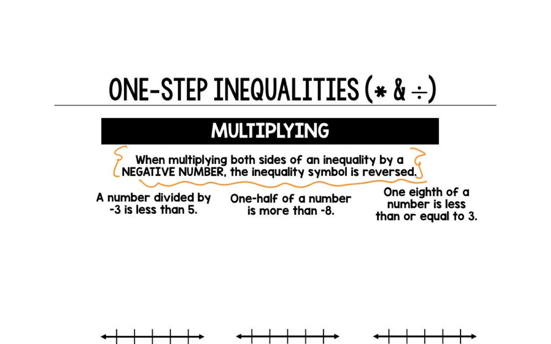So let's look at the first example: a number divided by -3 is less than 5. To solve this inequality, we're going to multiply both sides by -3. Because we are multiplying by a negative, we are flipping the inequality sign to get x is greater than or equal to -15.